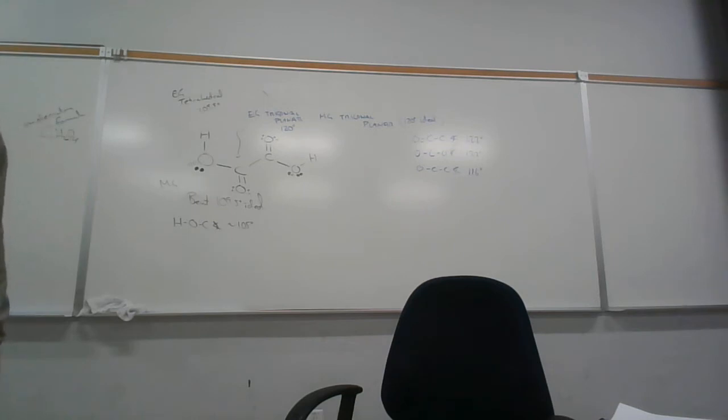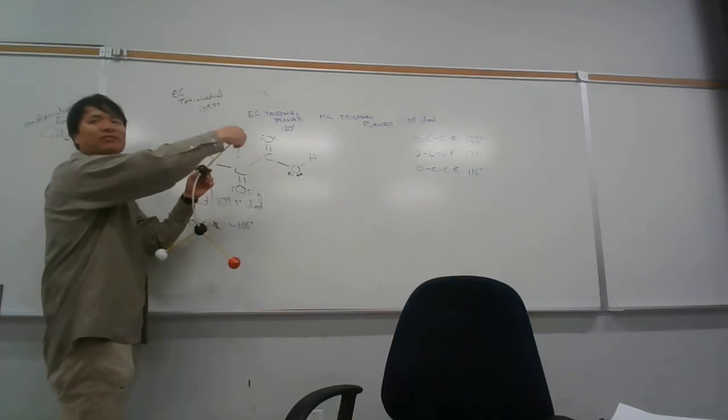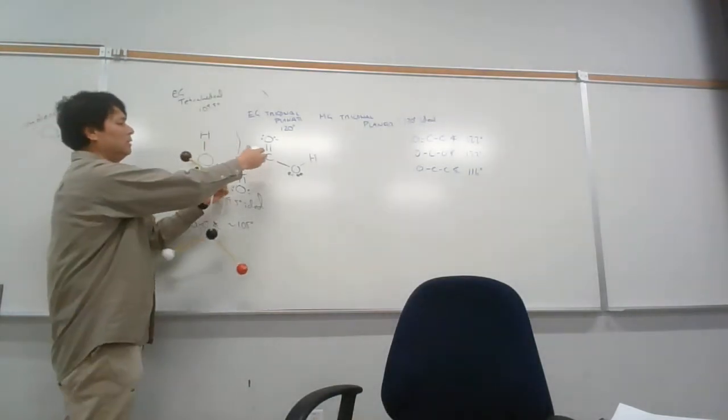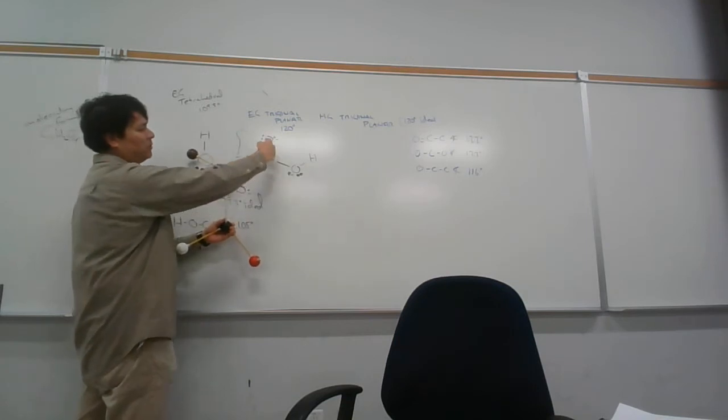Now, how we draw it depends on where we twist, or how we twist the molecule. If I have single bonds like this, they have something called free rotation. So this whole thing can rotate.